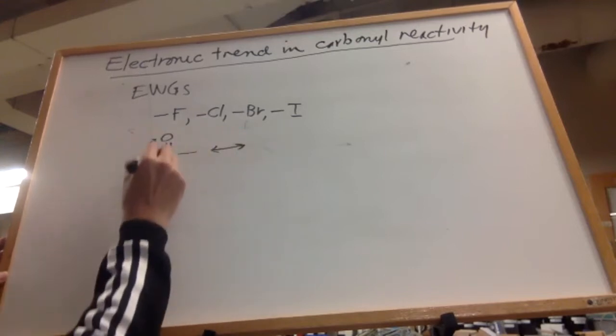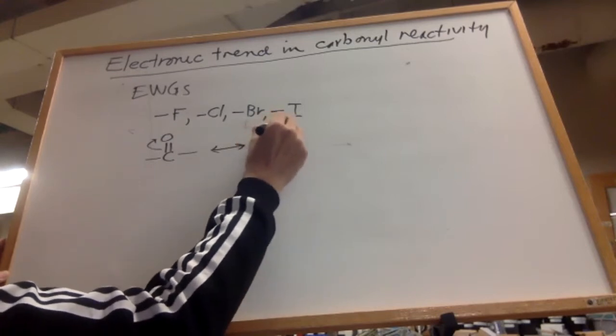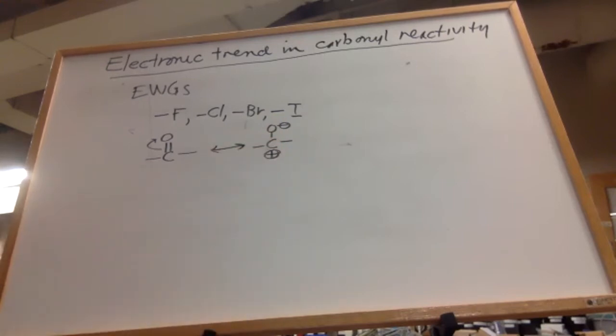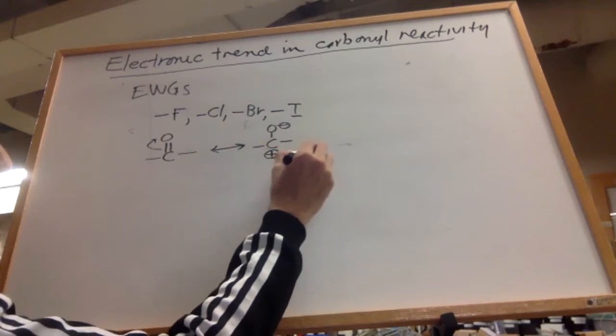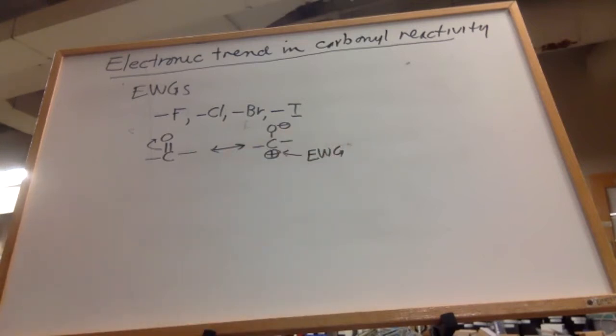Because we know that the carbonyl oxygen is removing electron density, and so the carbonyl carbon has a partial positive charge on it. This guy is an electron withdrawing group. Well, of course it is, because electrons are negatively charged and attracted to positive charge, so the carbonyl group itself is an electron withdrawing group.